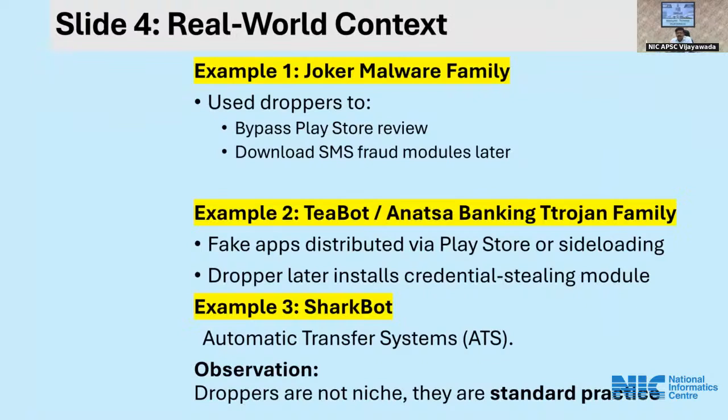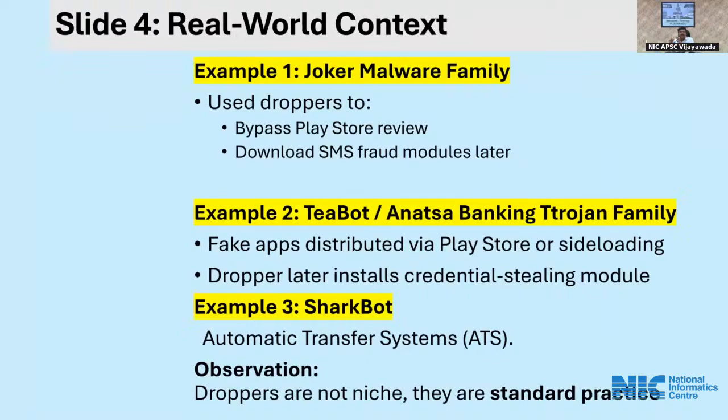Then all the hacker has to do is a very simple thing. He has to change the icon, change the app name, change the obfuscation, and the static signatures no longer match what Google has already detected and removed. Then he would again upload another one. So the core dropper logic remains the same, but the outer shell is constantly mutated.